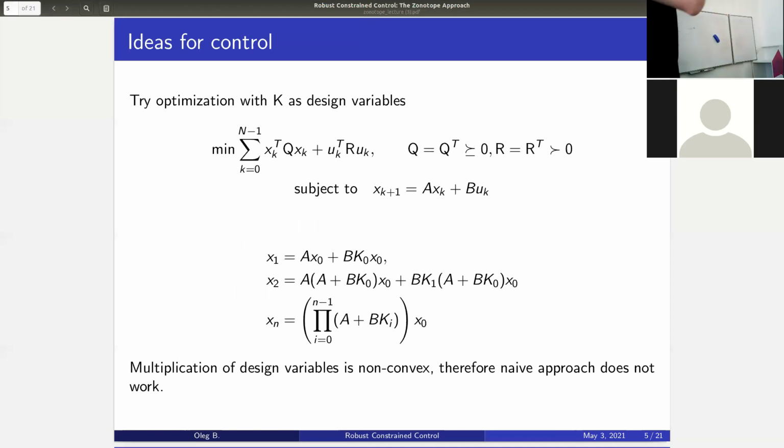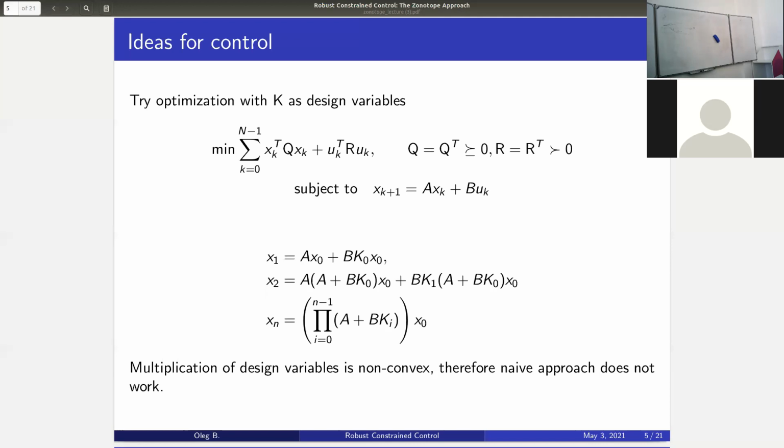The first idea makes something very similar to conventional MPC, but chooses K as decision variables. It's a first naive idea, but this idea has a very big problem because it's a non-convex task.